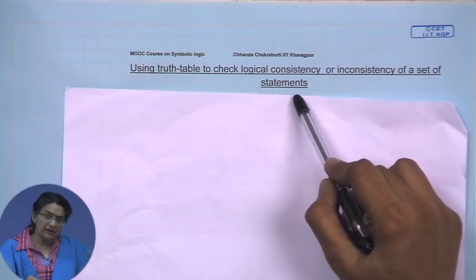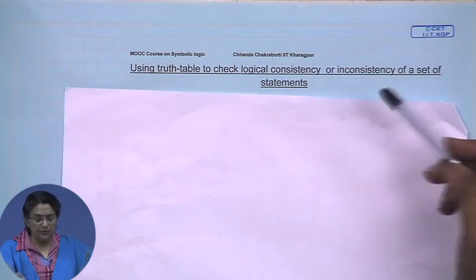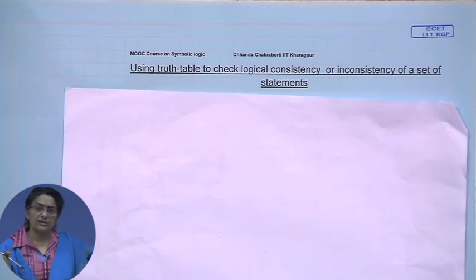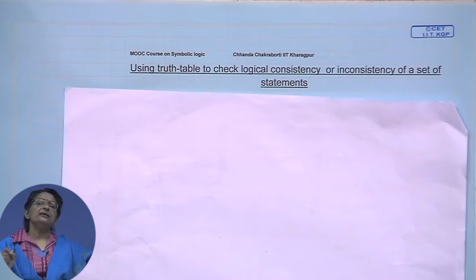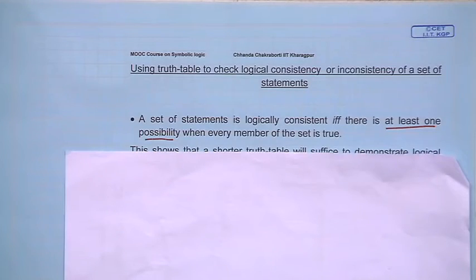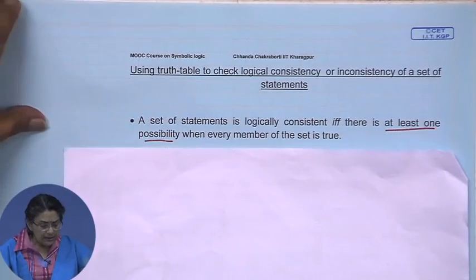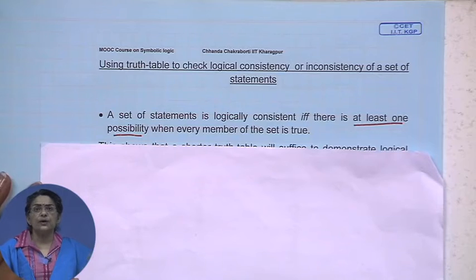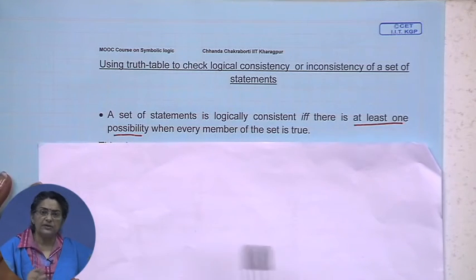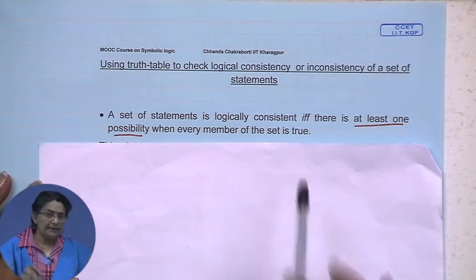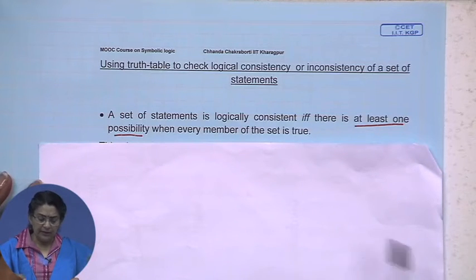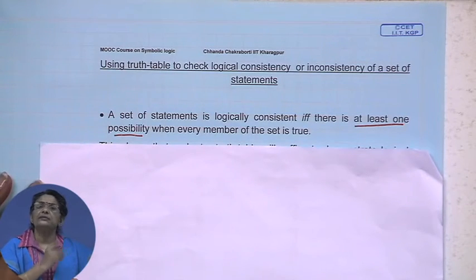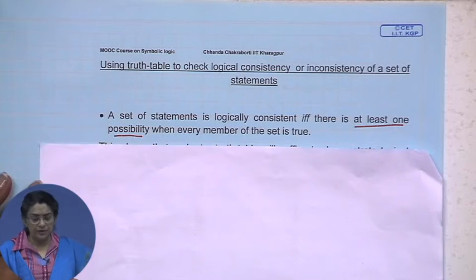I have said this earlier and I am reminding you again that you treat logical consistency and inconsistency in a slightly different manner. What is logically consistent? A set of statements is logically consistent when there is at least one possibility when every member of the set is true at the same time, simultaneously, in the sense that they are compatible, they do not cancel the truth of each other.